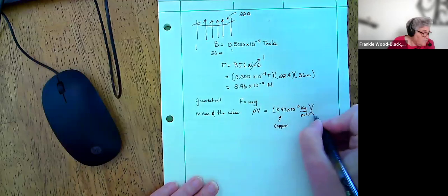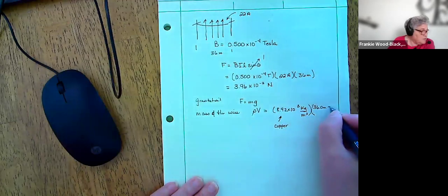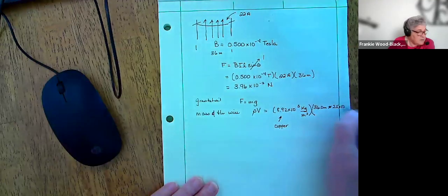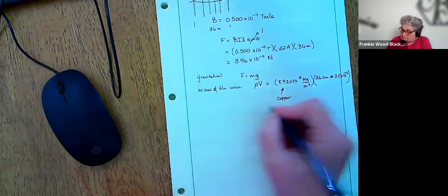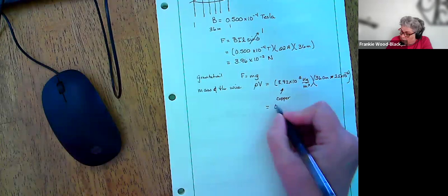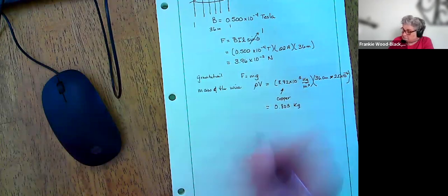And then my volume of my wire is going to be 36 meters times my area of 2.5 times 10 to the minus 6. And if I do this, the mass is going to be something on the order of 0.803 kilograms.